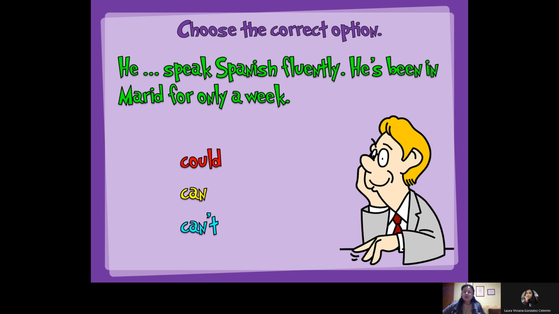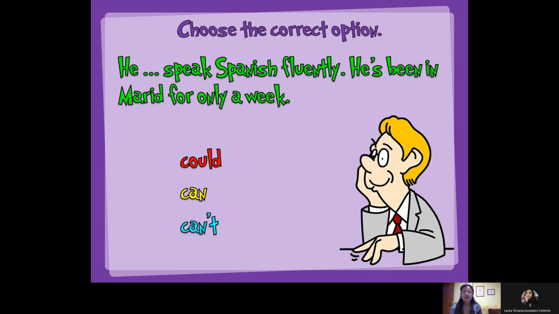Choose the appropriate option. He could, he can, or he can't speak Spanish fluently. He's been in Madrid for only a week.